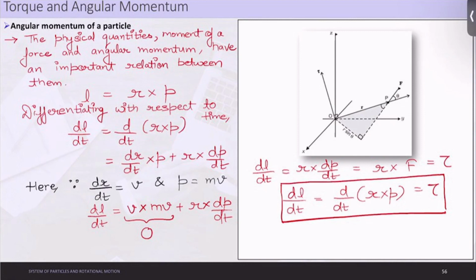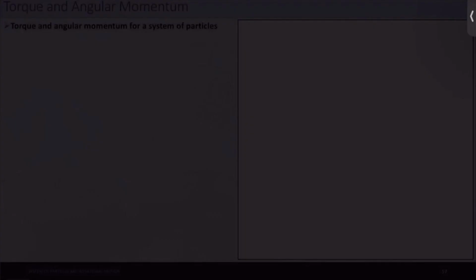So let me just write that. Just give me 1 minute. So the time rate of change of angular momentum of a particle is equal to the torque acting on it. So let me just write.